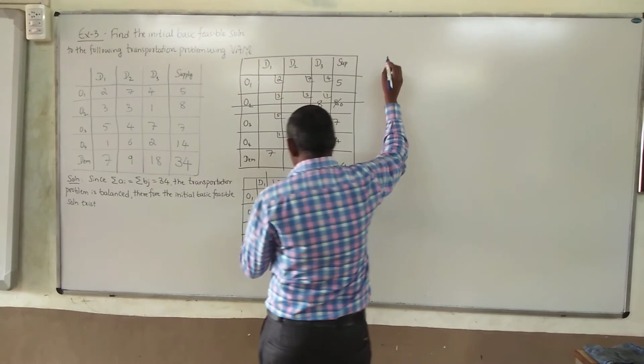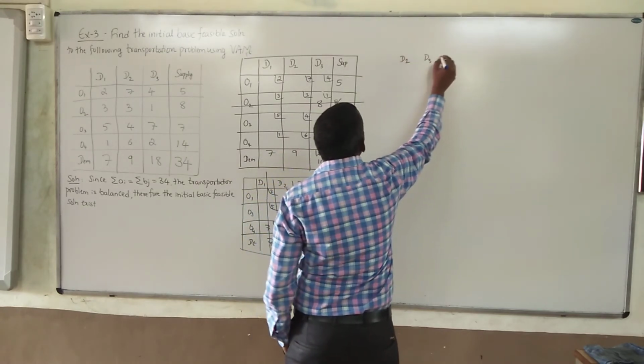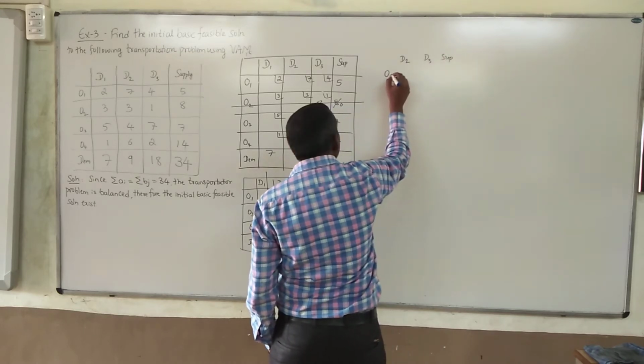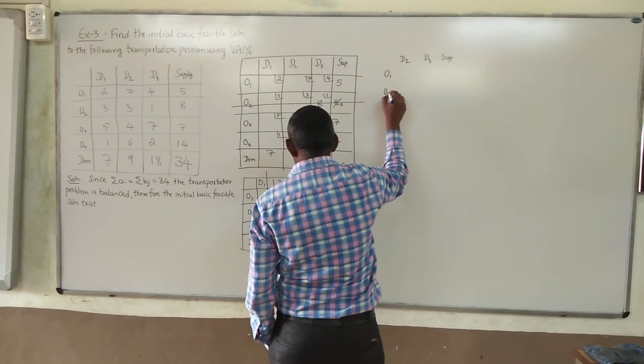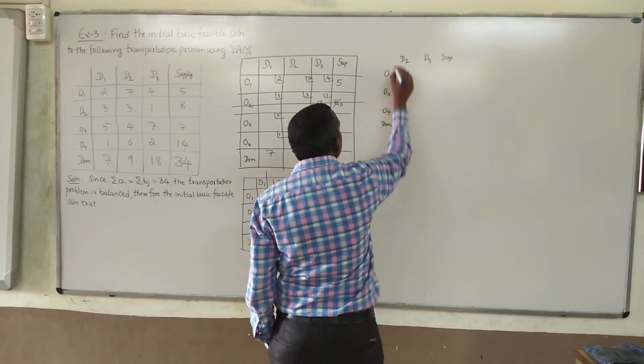So next, what do I do? It is D2 and D3 followed by supply, and O1, O3 and O4, and demand.